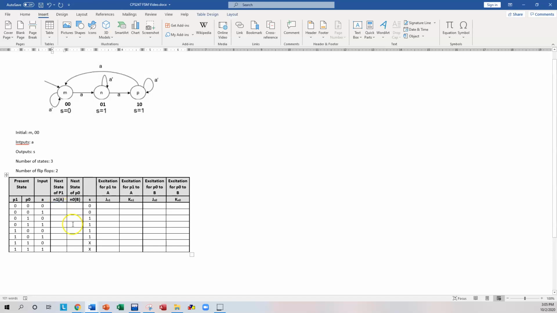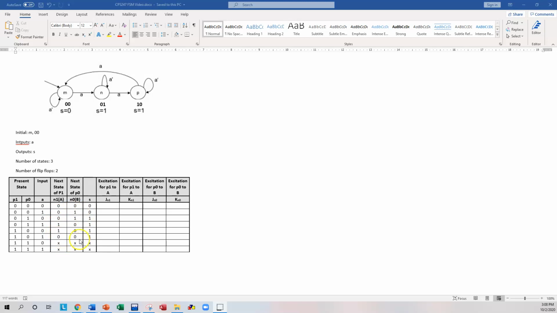So now go ahead and fill in your next state value. So I'm at 0 0. My input A is a 0. Where do I go? So at 0 0, input A is a 0. Stay in 0 0. At 0 0, input A is a 1. I move over to 0 1. Okay, I'm going to go ahead and fill these in and then come back.